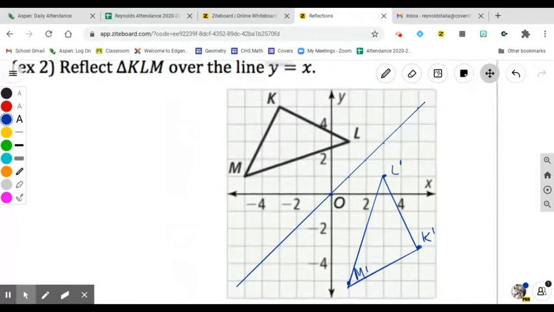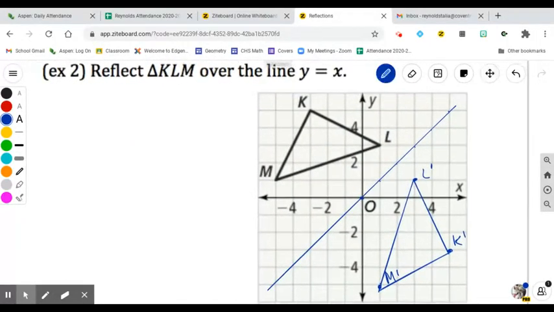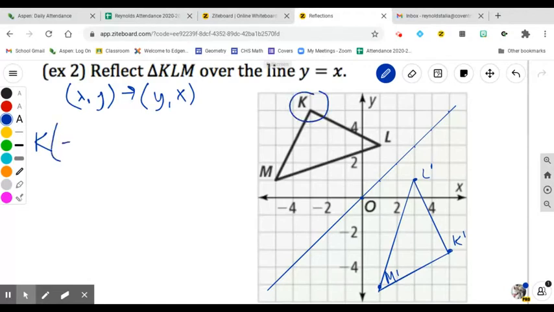I do just want to quickly show you how you would do it using a rule. So if you look back at the chart at the top, the rule for y equals x is (x, y) maps to (y, x). You simply just take the points and flip them. Switch x and y. So K, the pre-image, was at (-3, 5). So K prime would be (5, -3). You just swap them.